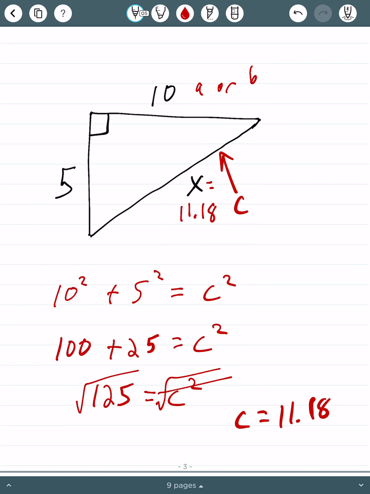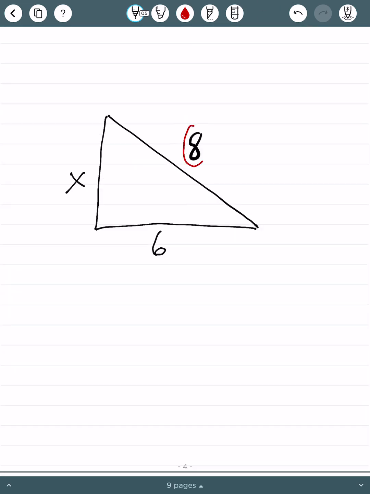Now, let's look at one where C is given this time. It doesn't really change a lot. The formula's not going to change. And again, it doesn't matter if you want to call this A or B. Let me show you how I do this just because I feel like it's easier. I'll just use the number that's given as A. You don't have to do that. You could write A squared plus 6 squared, or you could write 6 squared plus B squared.